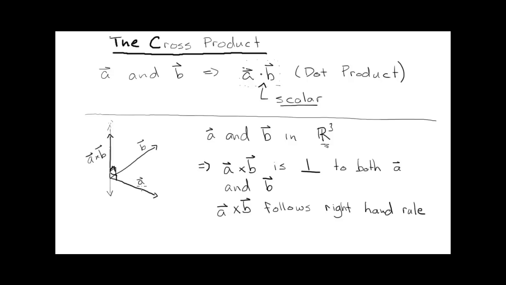The right hand rule is kind of a disadvantage to doing on the video, but A is your index finger, and then B is your middle finger.